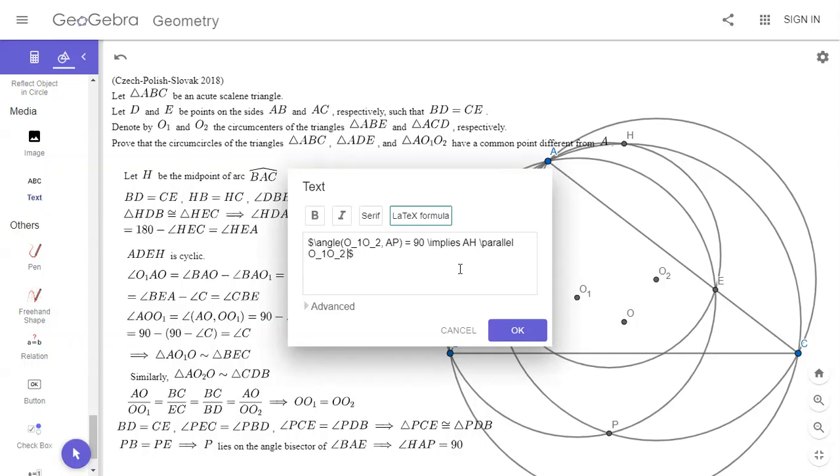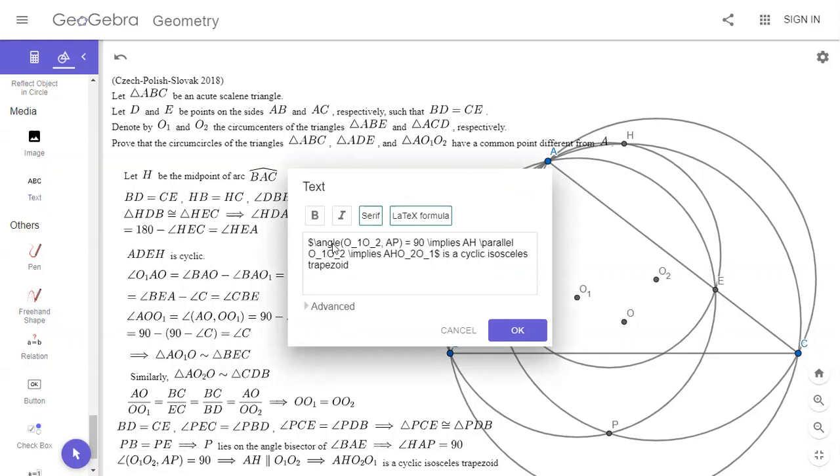And that means that AHO2O1 is an isosceles trapezoid. I'll say a cyclic isosceles trapezoid. I'll write this out later.